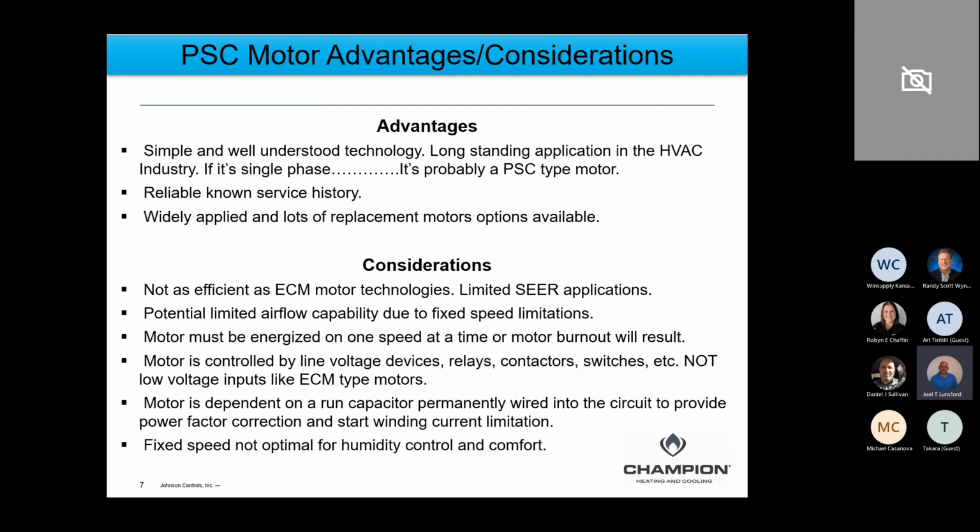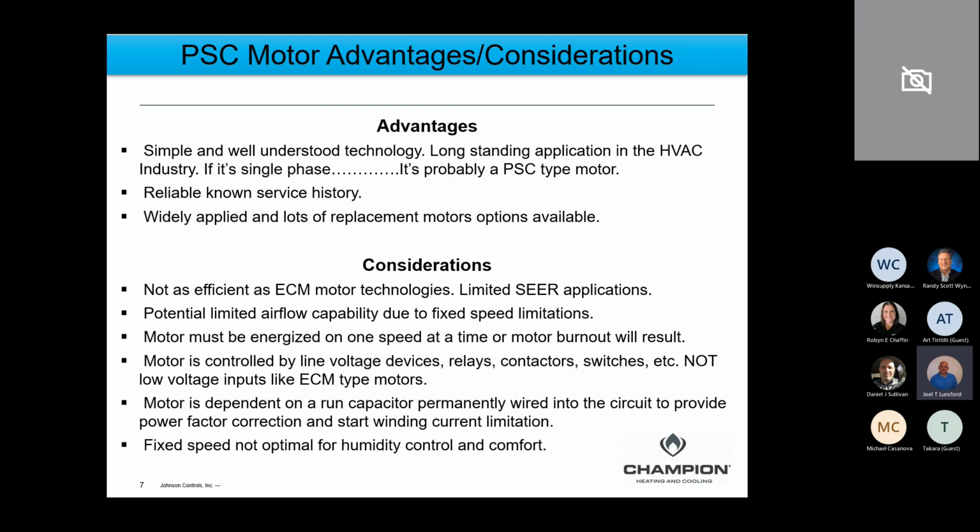I like to say if it's single phase and more than a couple years old, it's probably a PSC type blower motor. It has been around a long time and has a very reliable and known service history. There's lots of these motors out there. That's why we're talking about it today.